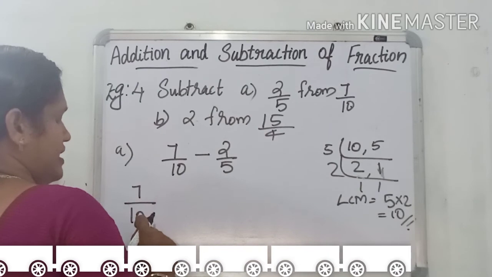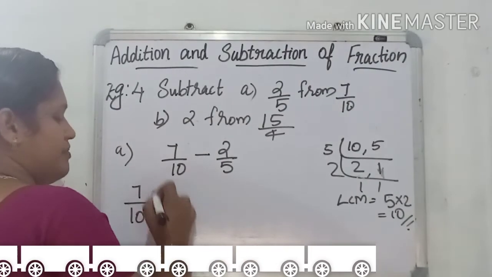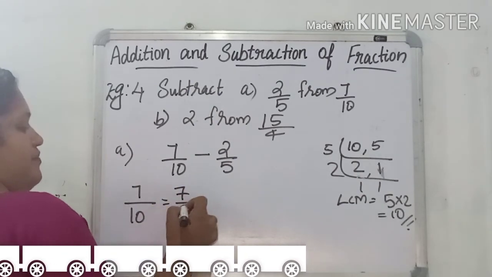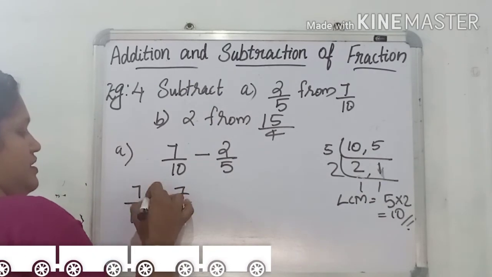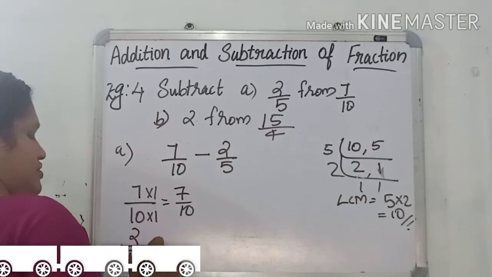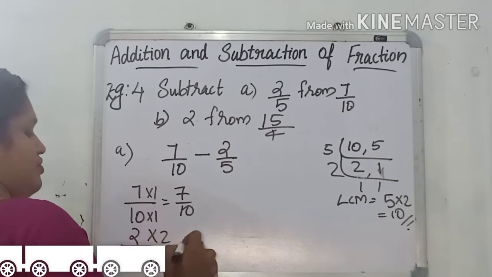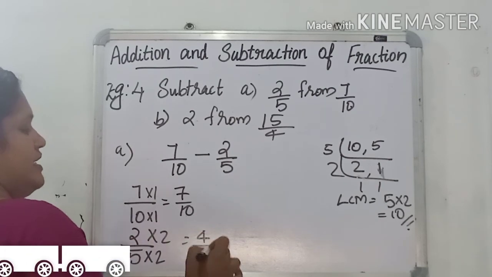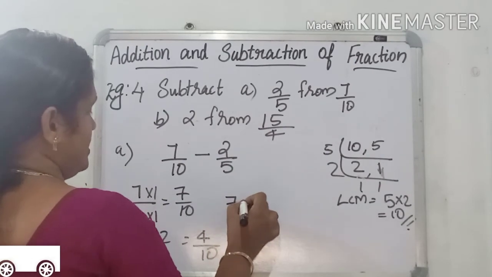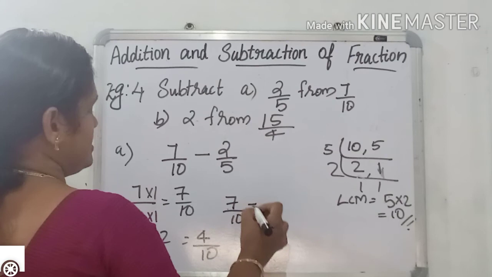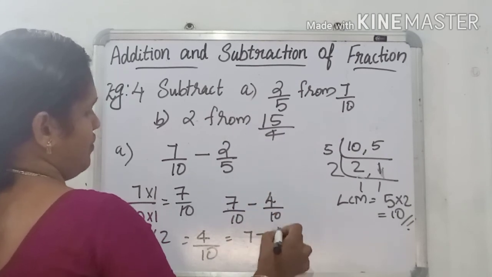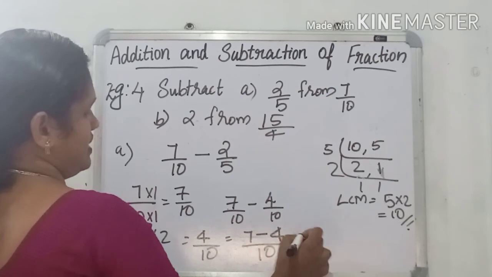To convert 10 into 10, we should multiply here by 1. So 7 by 10 equals 7 by 10. Then 2 by 5. 2 2s, 4 by 10. Then 7 by 10 minus 4 by 10, which is equal 7 minus 4 by 10.